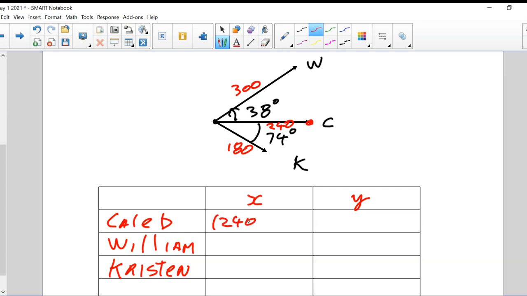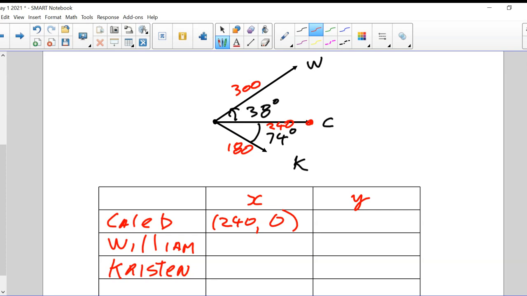Is there anyone who isn't sure where that came from? I don't mind stopping and going over it so that everybody is clear. Clearly Sarah knows, but is everybody else okay with 240 and 0, sitting right on the x-axis? I don't see anybody saying they didn't get it, so I'm going to move along.